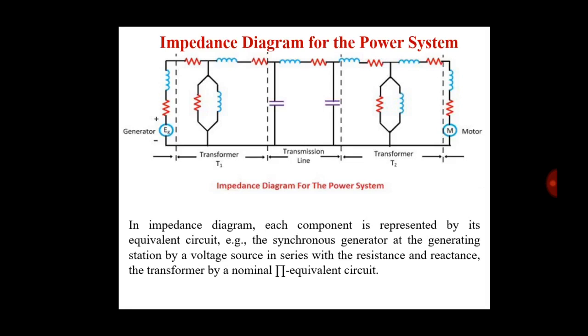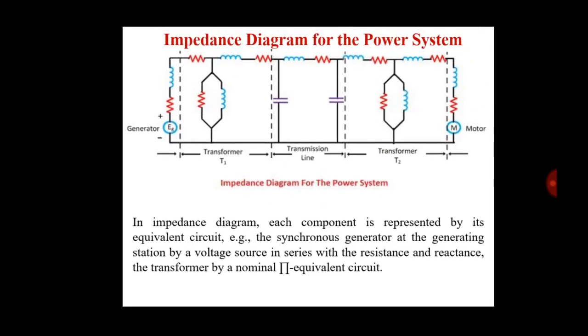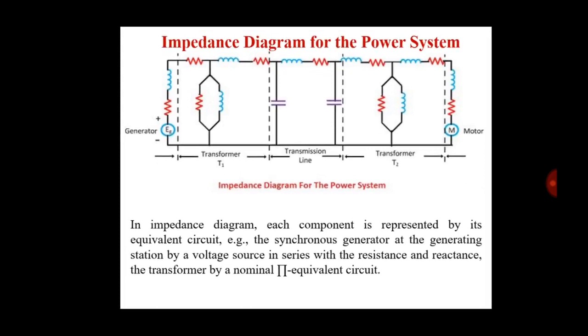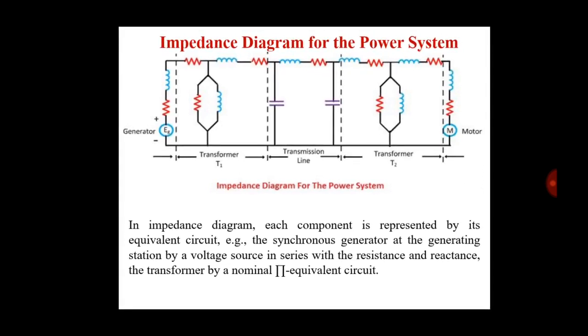We already studied the equivalent circuit of a transformer in machines. Here a transmission line is represented as a pi network. So two capacitors are also used, and resistance and inductance are used. For transformer T2 we draw the equivalent circuit diagram, and next the load, a motor, is also represented in terms of impedance.